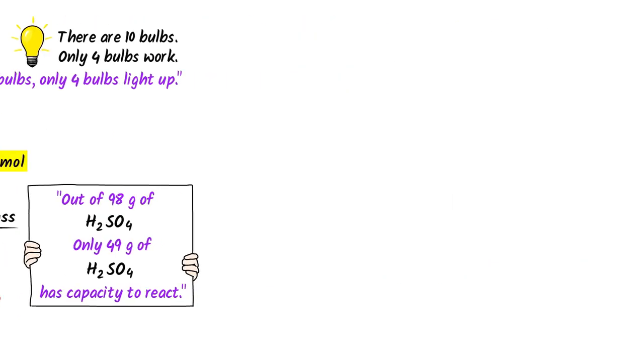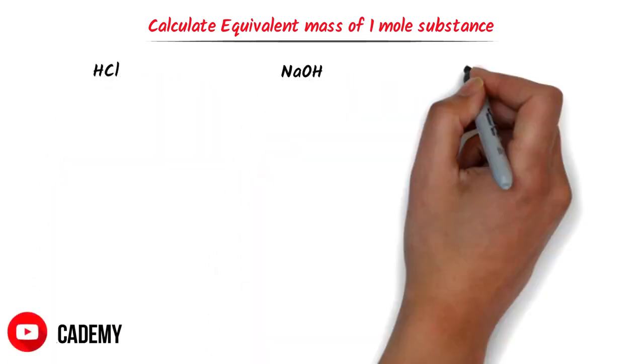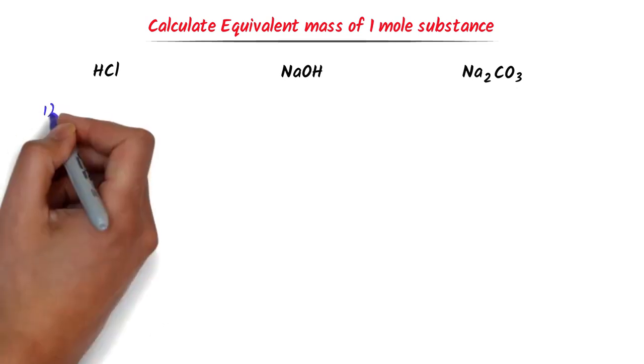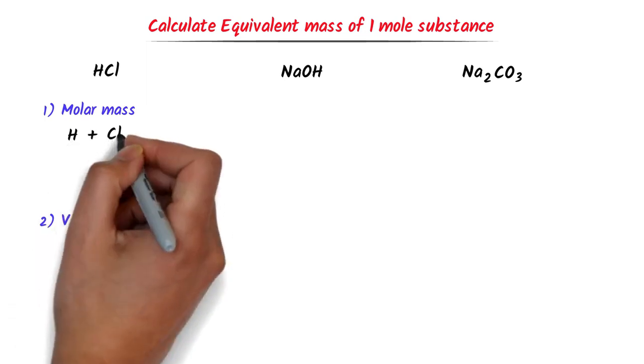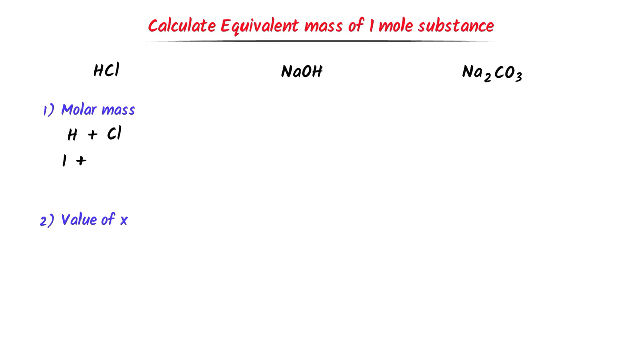Now let me teach you how we can calculate equivalent mass of 1 mole substance. Well, consider these substances. We already know that to calculate equivalent mass, we need two things, molar mass and value of X. Now in HCl, there is 1 hydrogen and 1 chlorine. The molar mass of hydrogen is 1 gram and that of chlorine is 35.5 gram.